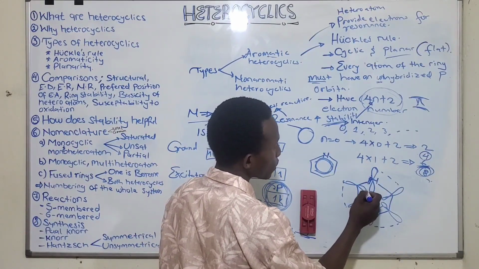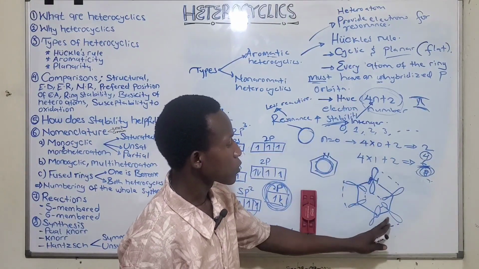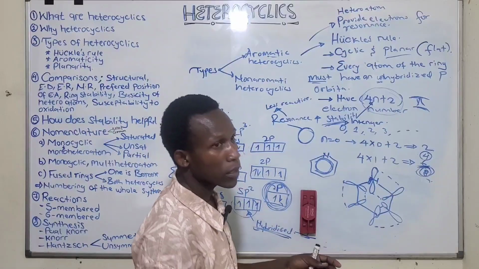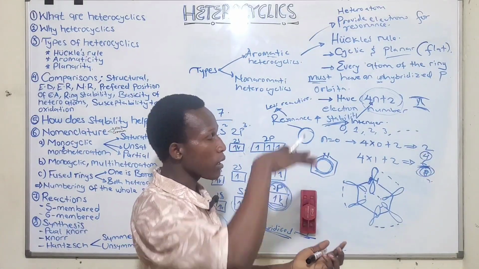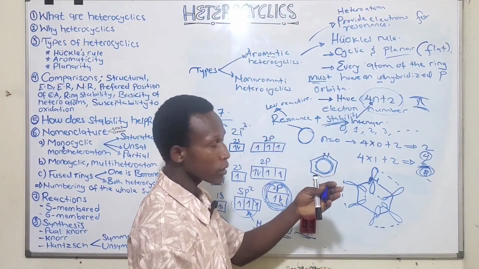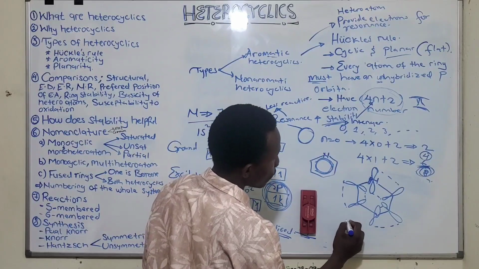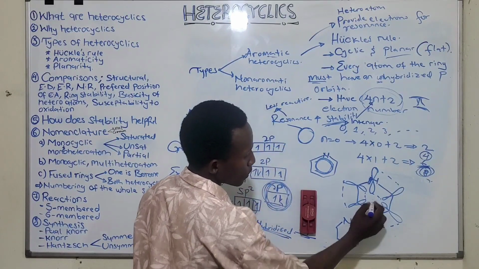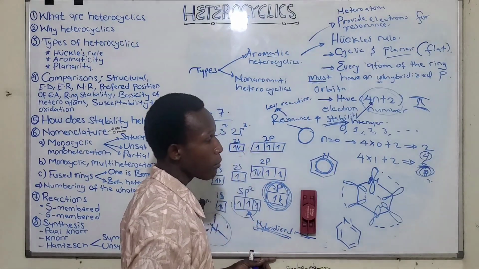Also, this one can form a bond like this. So these two can form bonds. These ones can form bonds, and these ones can form bonds. So we shall have a donut-shaped structure. Up, we shall have an electron cloud, and down. So that means we shall have N like this, with this one forming a bond, this one a bond, and this one a bond.